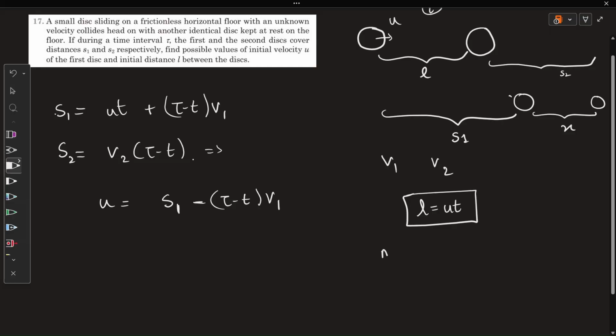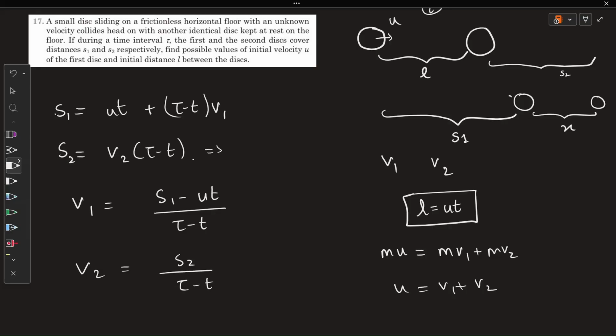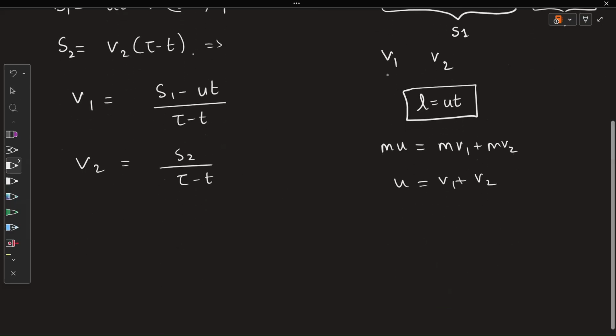First, the initial momentum mu is nothing but the final momentum mv1 plus mv2. Correct? We are applying the conservation of momentum. So u is nothing but v1 plus v2. Let's write it in a different way. Let's first express v1. v1 is nothing but s1 minus ut by tau minus t. v2 is nothing but s2 by tau minus t. So we write u as v1 plus v2.